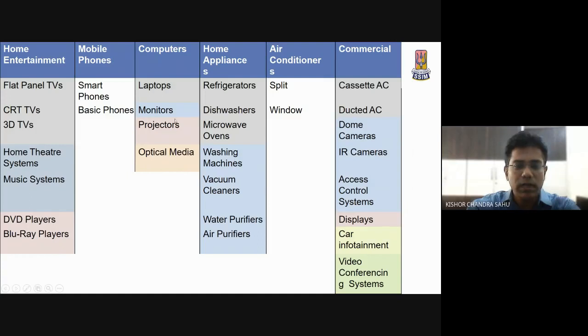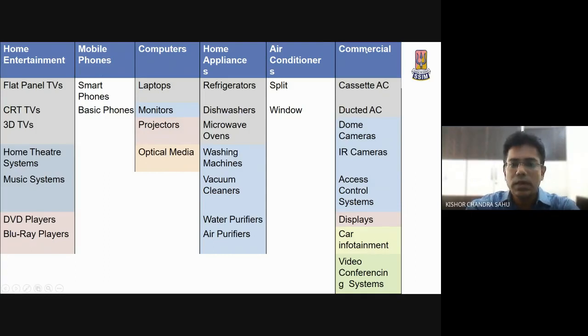They are all related, so they are called one product line, computers. Or home appliances like your refrigerator, dishwasher, microwave ovens, washing machines, vacuum cleaners all come under one line. They are all related, that's why they are called the home appliances product line. So these are all product lines, and that's why the number of product lines you have is called width.